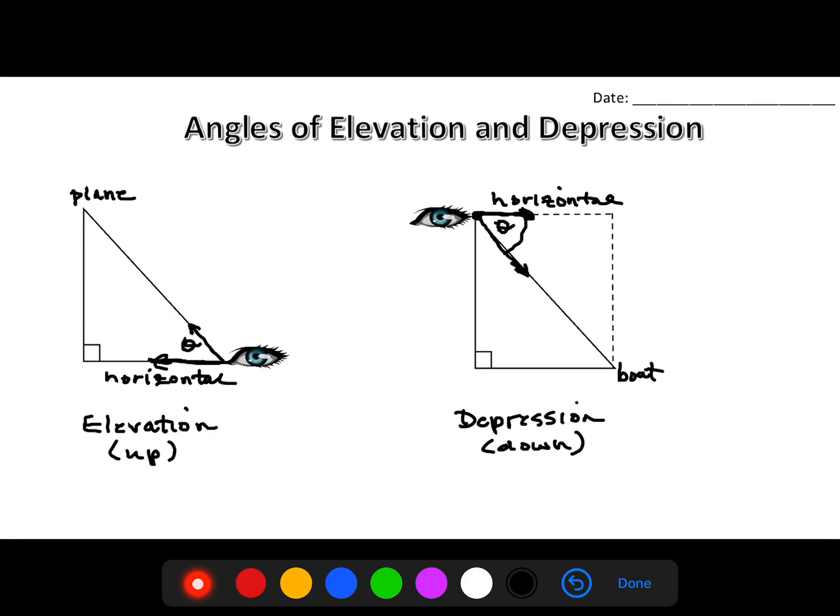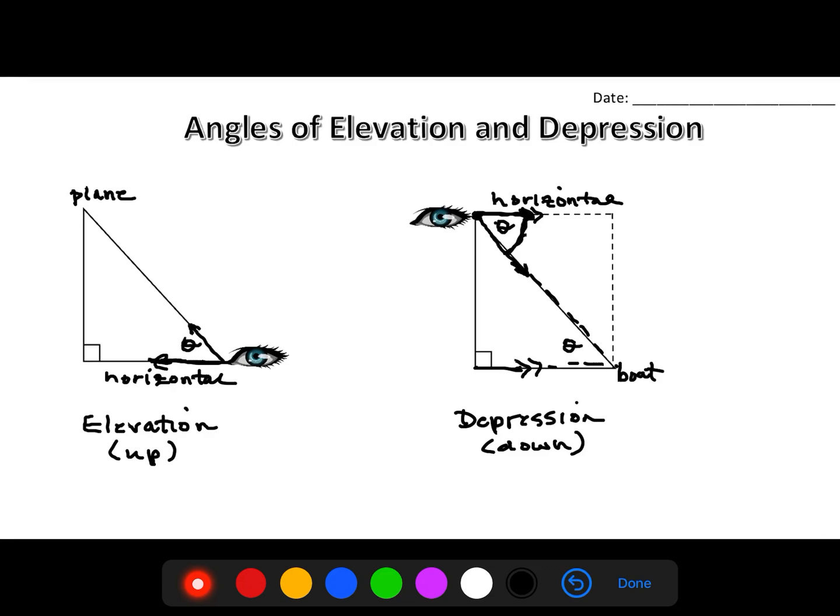So notice, this is outside of our triangle, but if we're looking at our horizontal, where our horizontal is also down at the bottom, we have parallel lines here. And the parallel line theorem tells us that with our Z pattern, remember our Z pattern, this angle down here has to be the same as this angle up here.